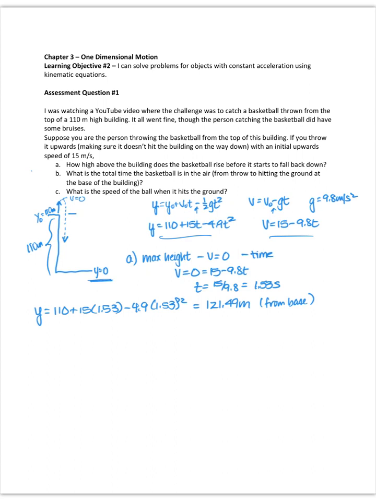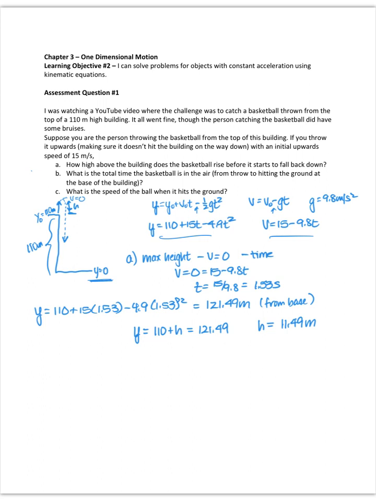I actually want to know the height above the top of the building, because that's what the question asks. And so I know that y is equal to 110 plus h, with y being 121.49. So my h is actually going to be 11.49 meters. So it went 11.5 meters up from the top of the building before it started to come back down.